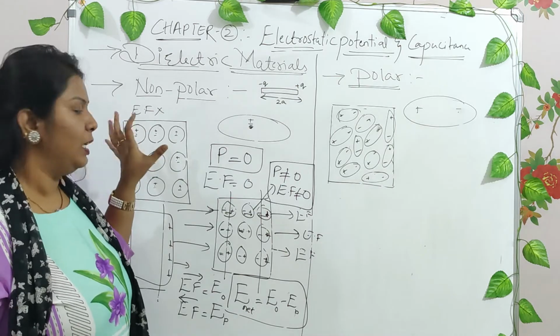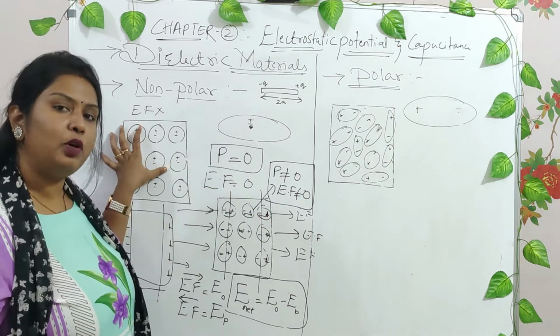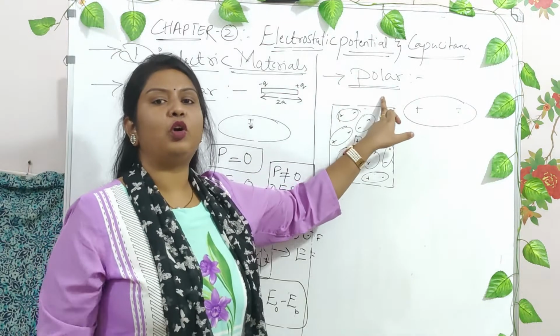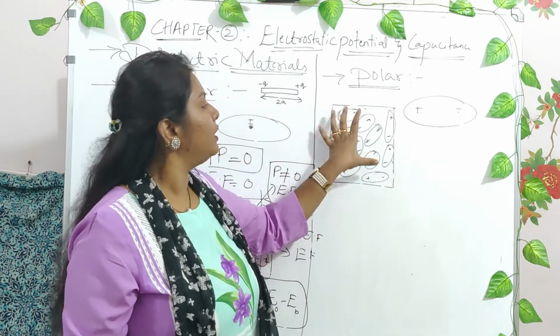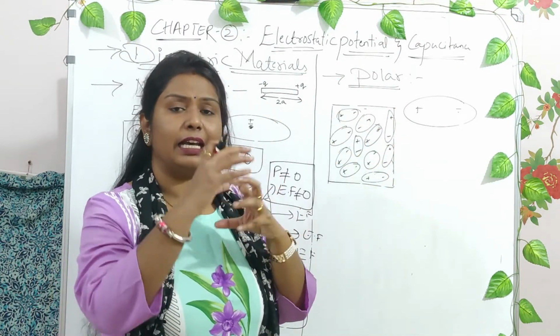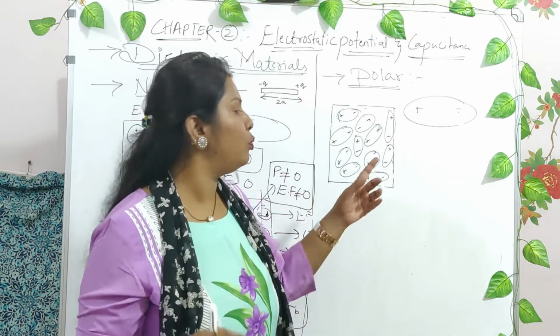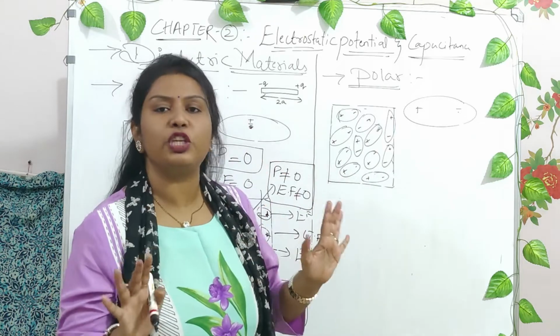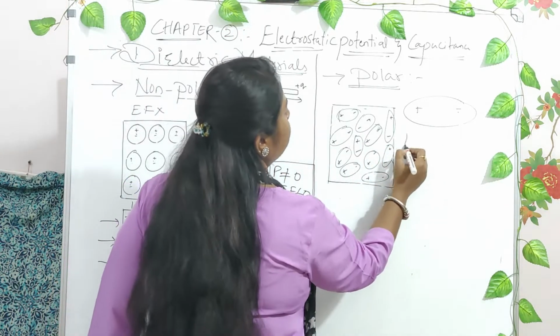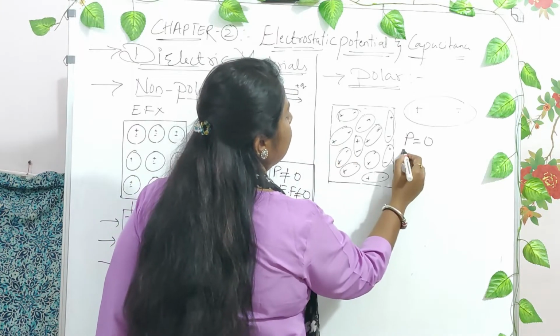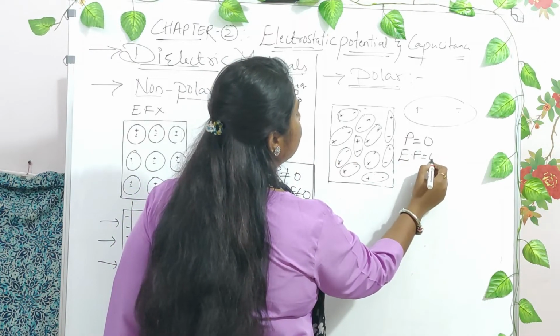There were no dipoles, and hence the dipole moment was equal to 0. But in the polar molecule, you have dipoles, but all the molecules are arranged randomly such that the net dipole moment of the system is again 0, and hence there is no electric field initially, so electric field will be equal to 0.